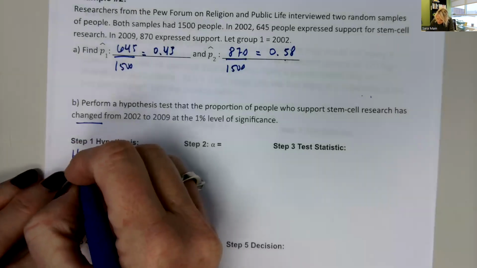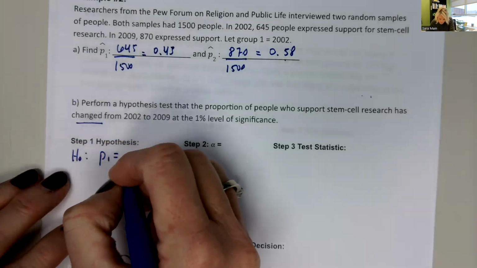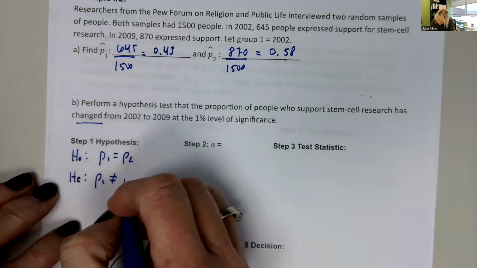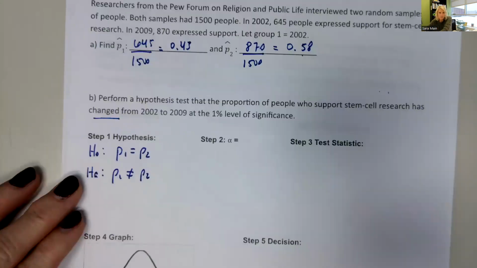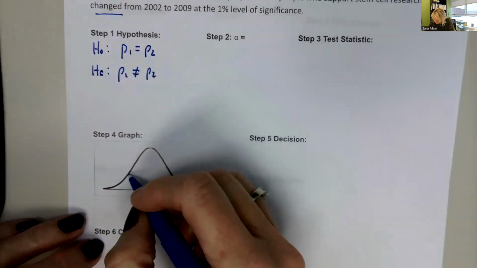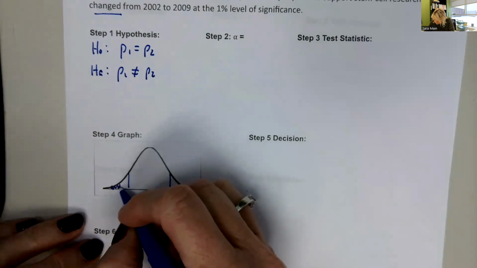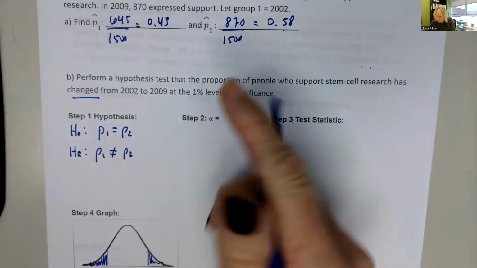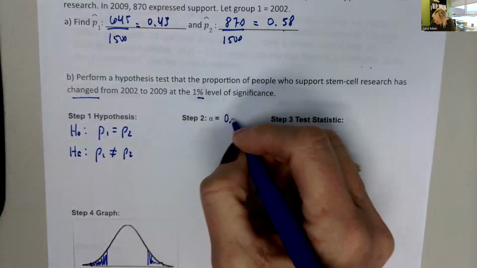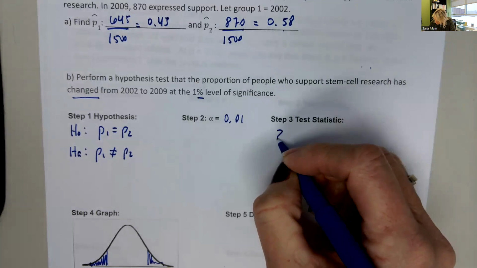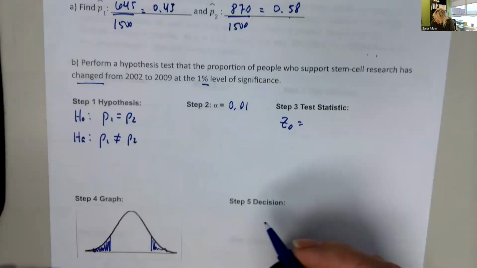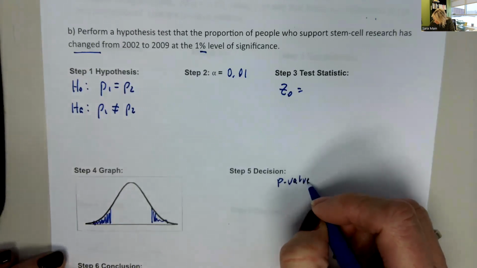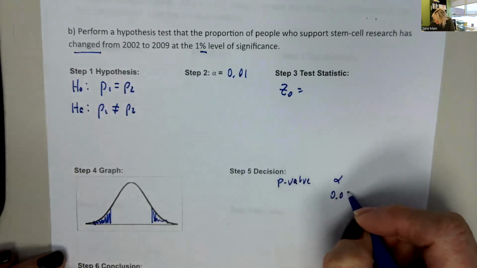So H0 is P1 equals P2, and HA is P1 does not equal P2. And this is our first two-tailed for all of chapter 9 so far that we've done. They want us to test at 1%, so that's 0.01. And then our test statistic is going to be a Z0. And then we are going to compare our p-value to our alpha of 0.01.